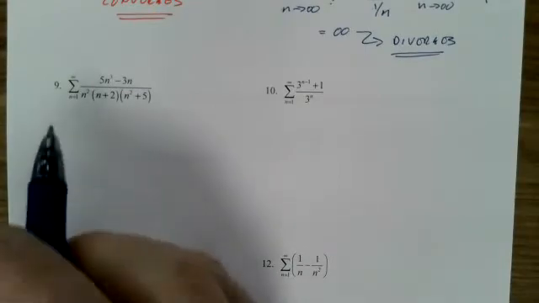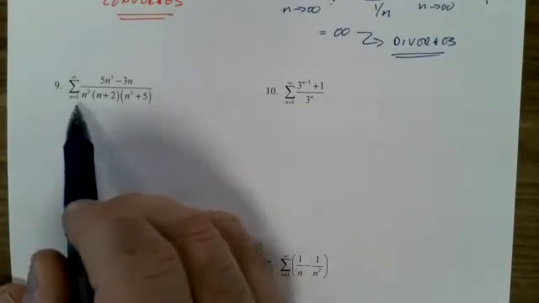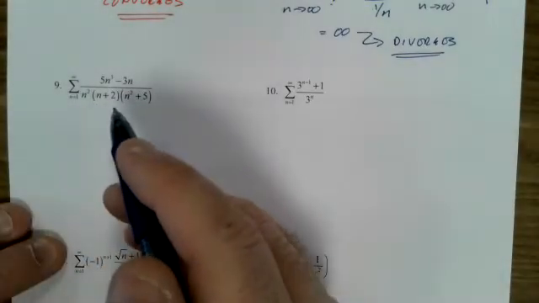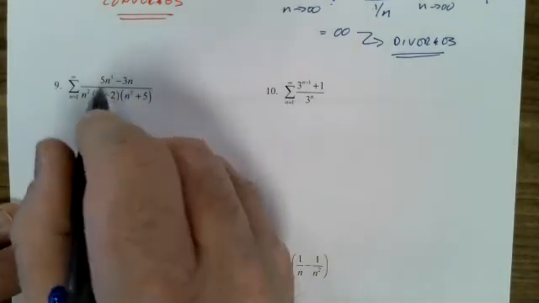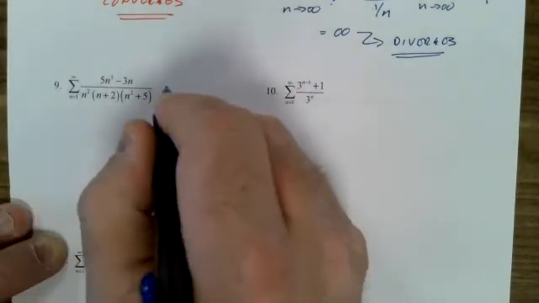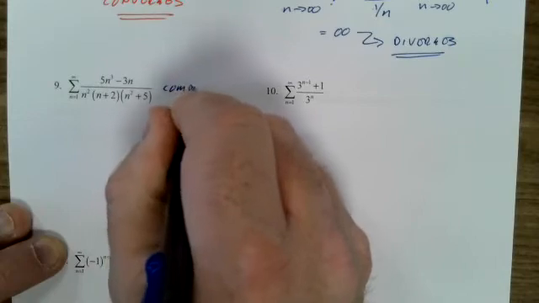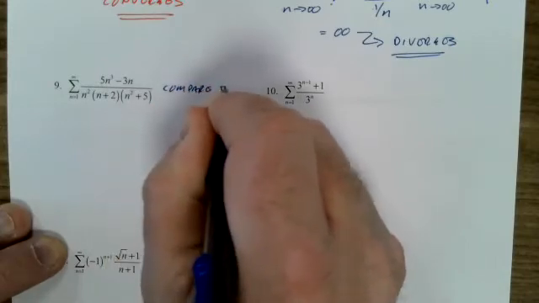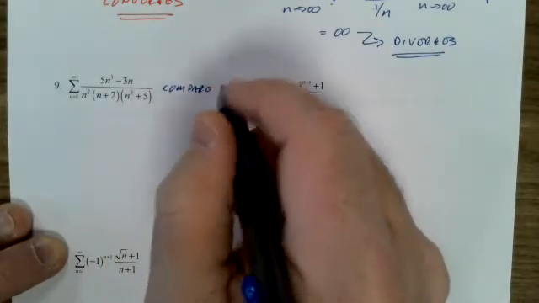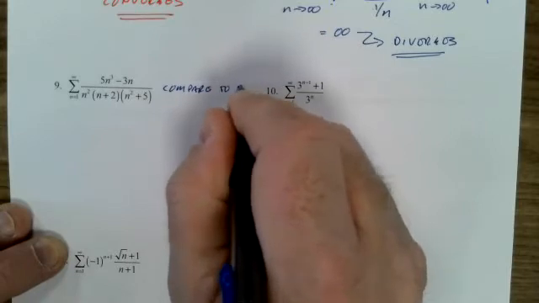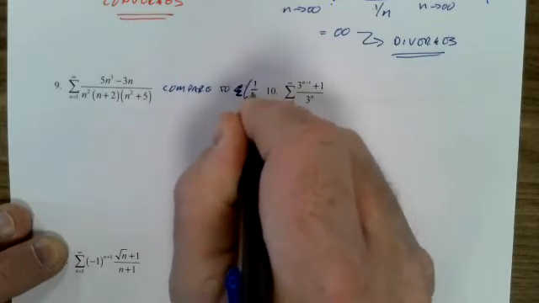All right, so let's just figure this out quick. This will converge because we got n to the third on top and n to the fifth on the bottom. Compare to the sum of 1 over n squared.